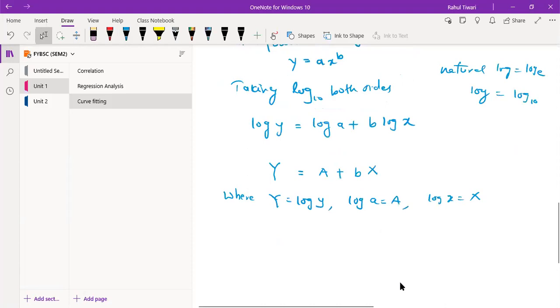So is that the form of simple linear regression? Is that the form of simple linear regression?